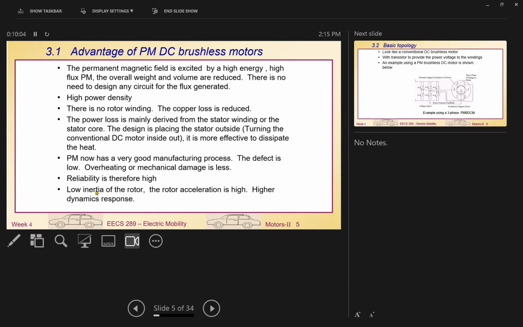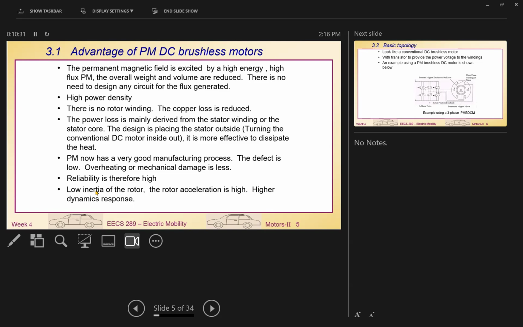We still need the stator winding. The stator winding provides the basic thrust. Then this basic thrust interacts with the PM and becomes our rotating torque. That's why, if the rotor winding is gone, you can reduce some of the copper losses. You can also reduce the weight, reduce the inertia. So that's why PM can have high speed of rotation.